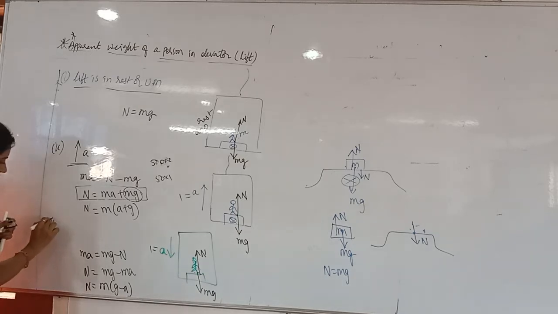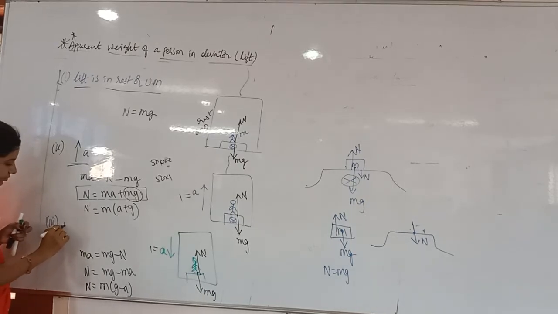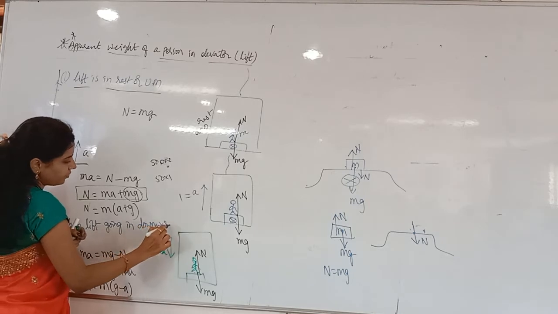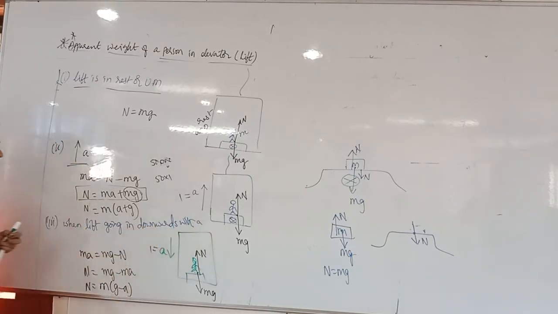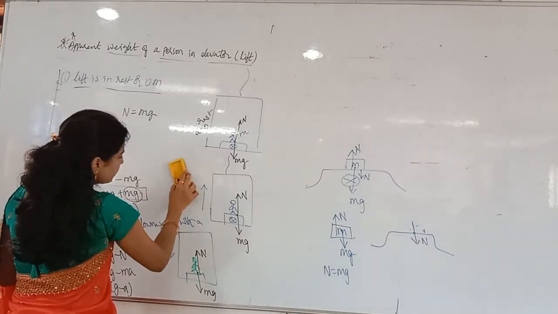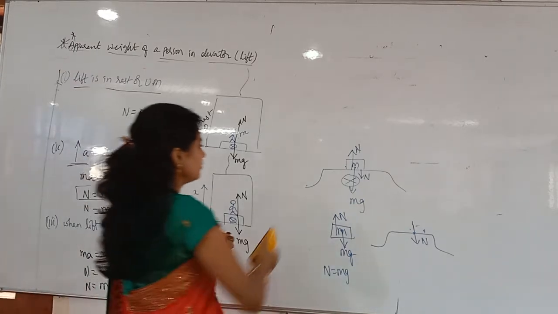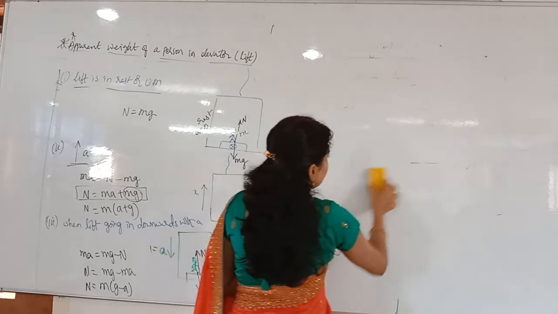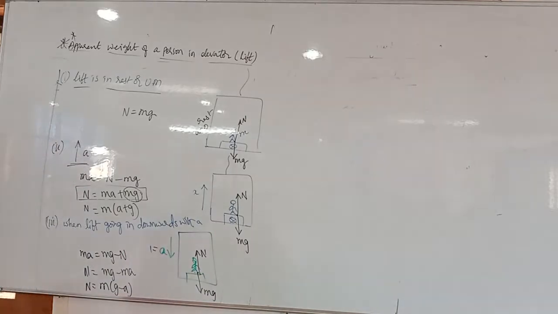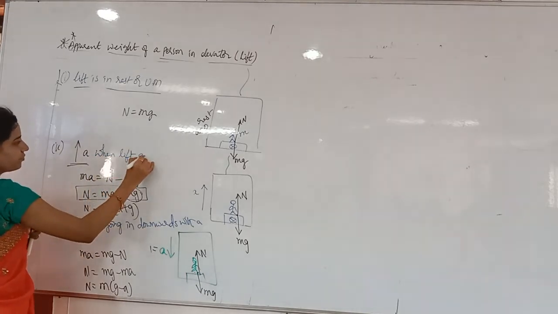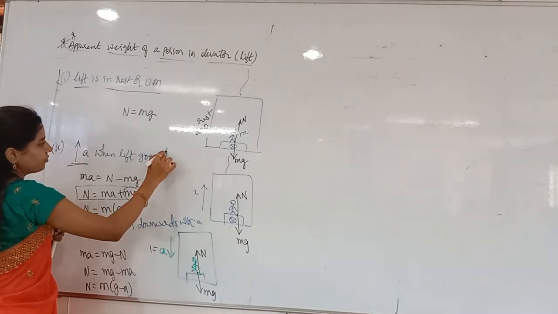First of all, write: the apparent weight of the person inside the lift will be given by the normal reaction acting on the weighing machine. Copy everything.